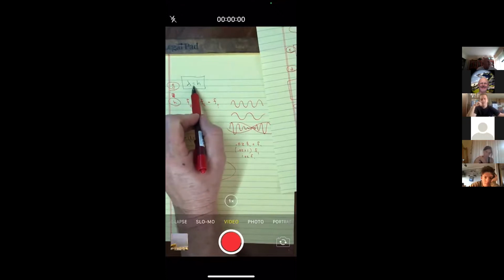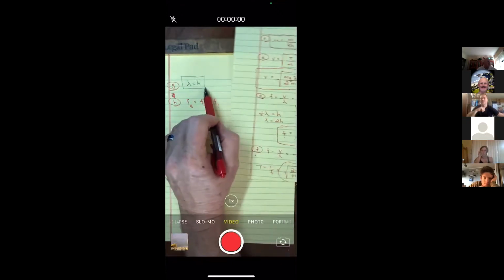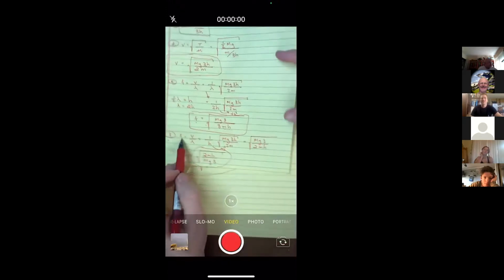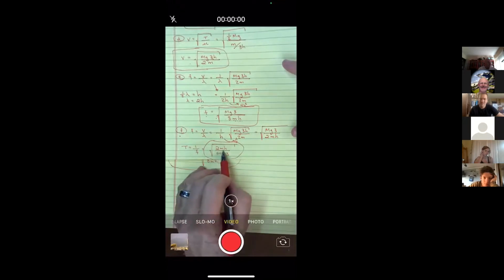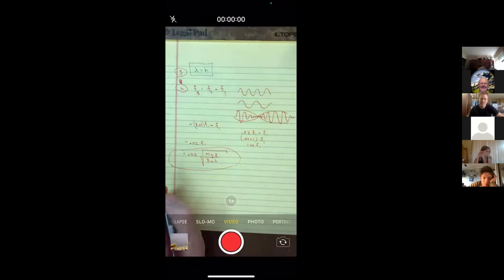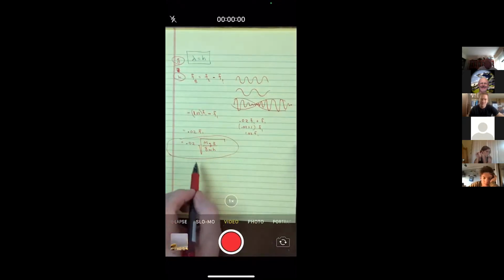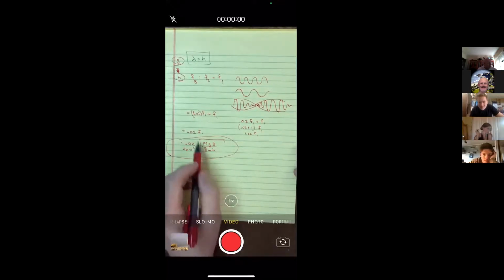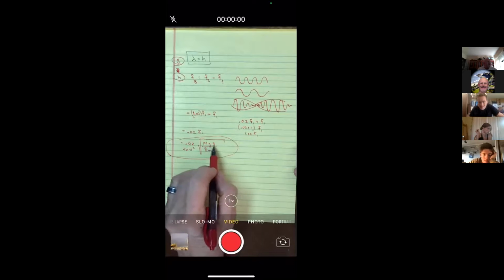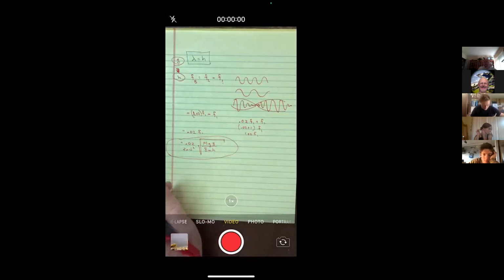So the author does G first, and he gets a wavelength of H, good. Then he goes backwards to F and gets the square root of 2mh over 3mg, good. And then the last one, he gets 0.02, although he writes it as 2 times 10 to the minus 2, times the square root of 3gh over 8m. Yeah, good. All right, matched.